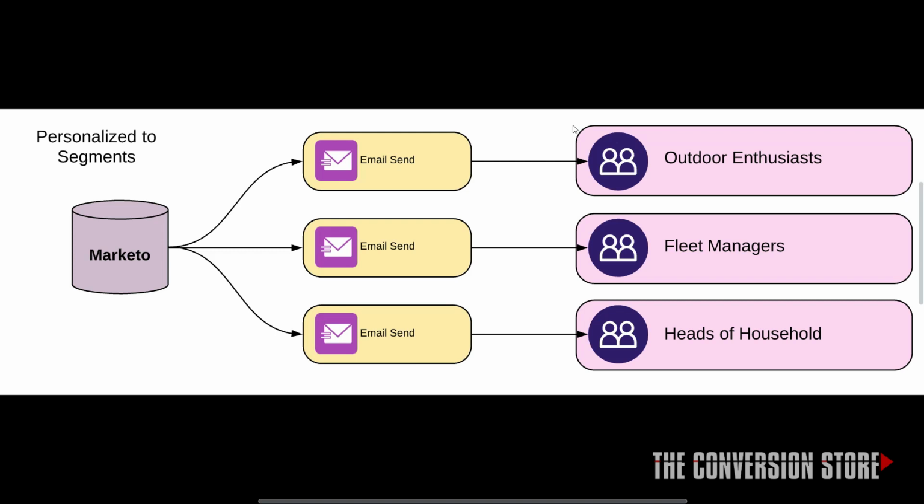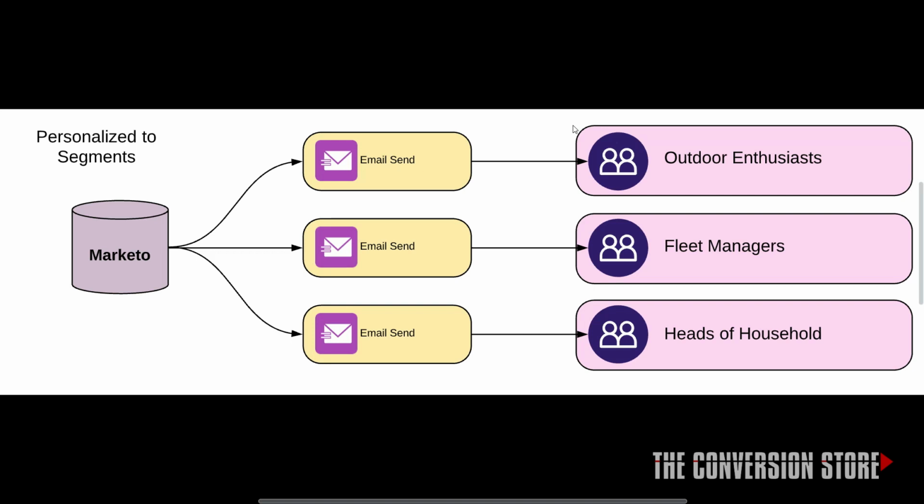It's one email that we're building out, but we're building in dynamic content based on each of these segments. So we're trying to personalize the email. Because we have more information than just their first name and last name, we're trying to identify and categorize them by these demographic and behavioral examples.